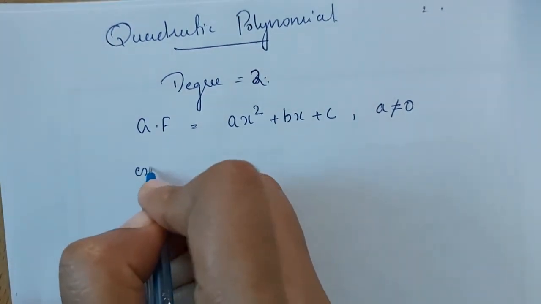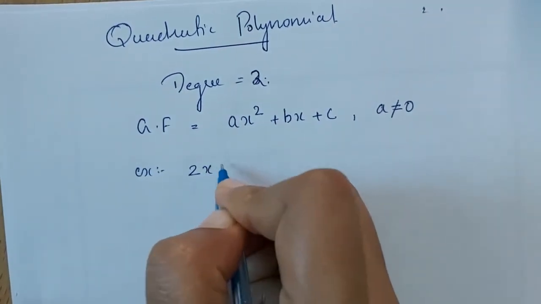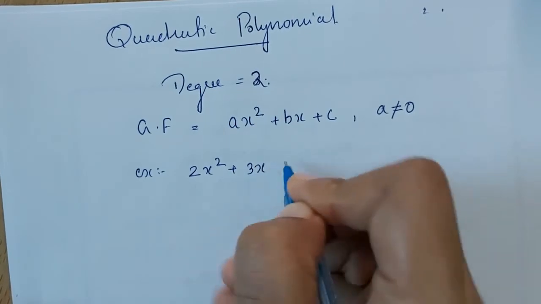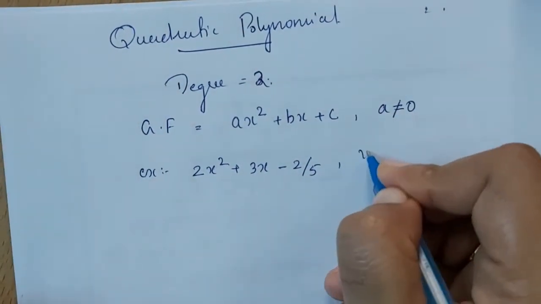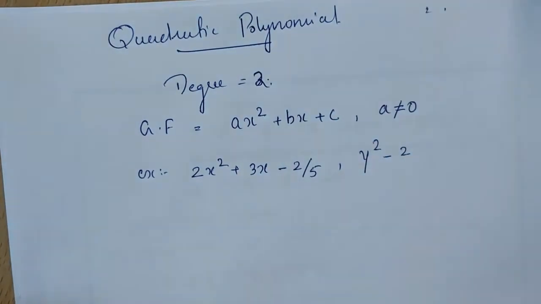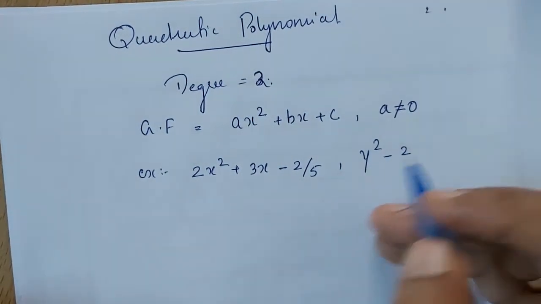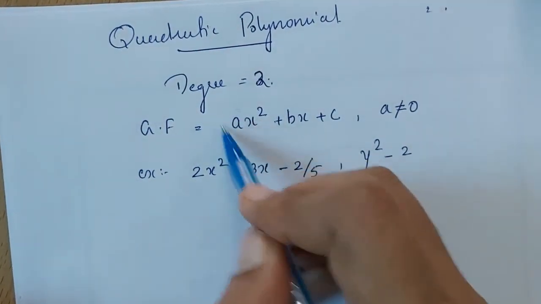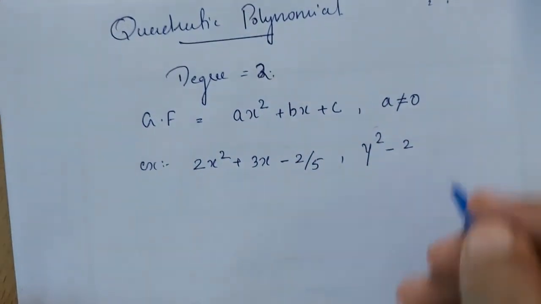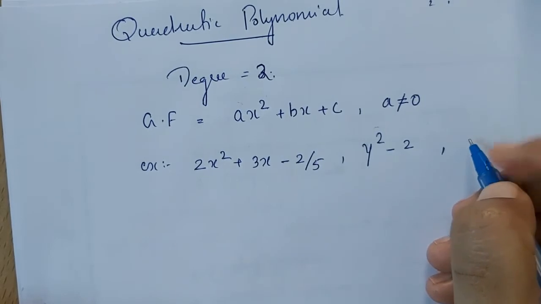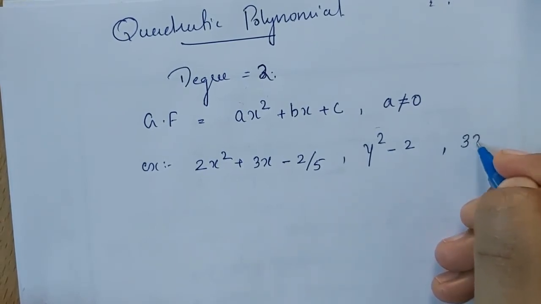Examples. Let's consider some examples. 2x square plus 3x minus 2 by 5. y square minus 2. Here the term y is 0. There is no problem for that. The leading coefficient should not be 0. Here the value is present. y square. Simply 3x square.